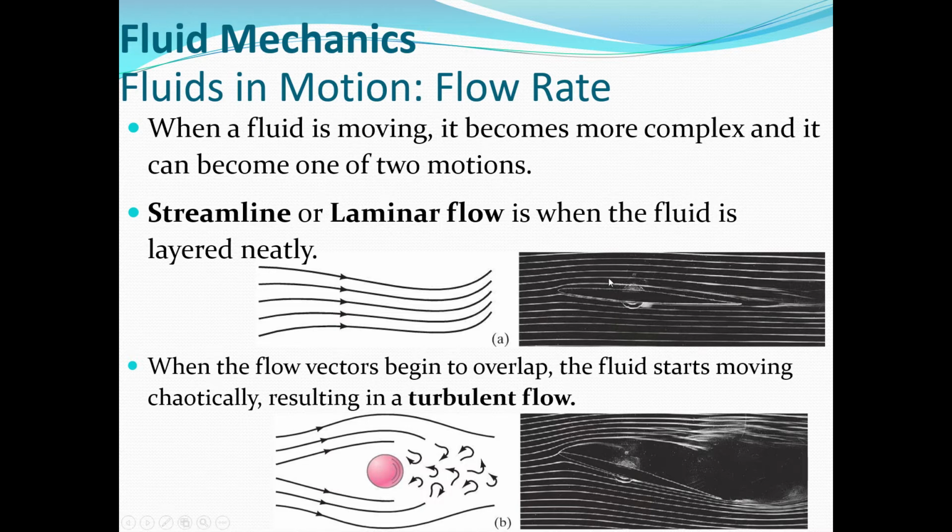So if you increase the angle too much, you end up getting this chaotic stuff going on over here. So this is a turbulent flow. It's usually why planes tend to start to vibrate when they feel turbulence. Basically, it's saying that the air isn't moving in a nice, organized way.